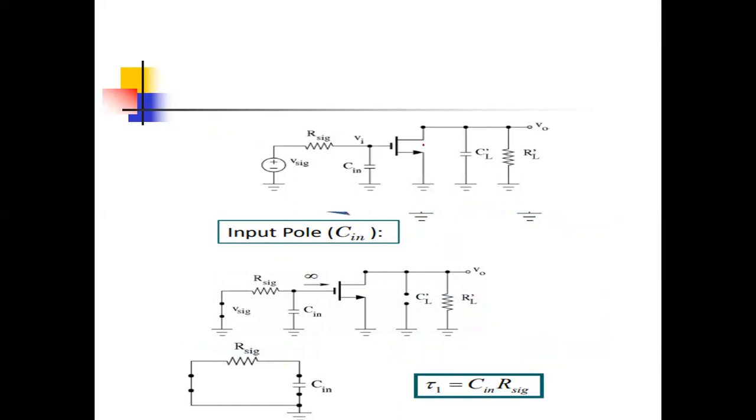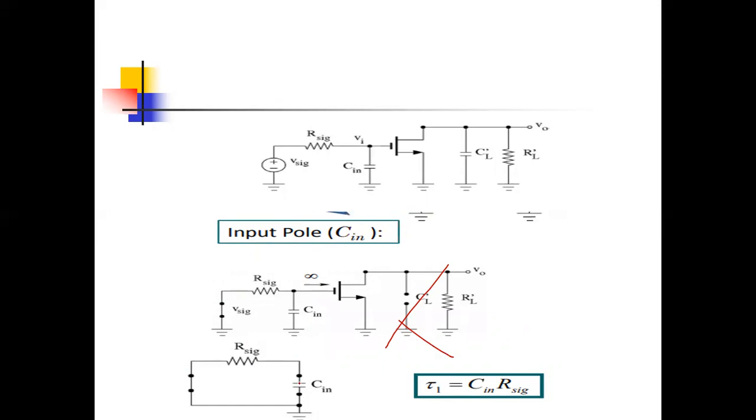So we will calculate the frequency, one with respect to the input side and one with respect to the output side. Whenever we are taking the input circuit, we will not check the output circuit. So the input circuit is R signal and C in. Whatever the AC sources are, they will be grounded, and the current sources will be open circuit. So the circuit is R signal and C in.